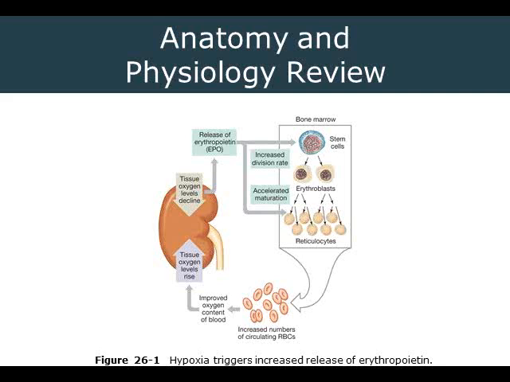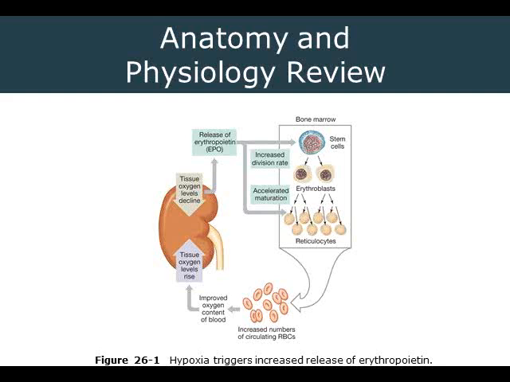However, they only have a limited lifespan of around 120 days, so it accelerates them maturing a little bit, turns them into reticulocytes, and then those reticulocytes mature into the full active red blood cells. So therefore we have an increase in the number of circulating RBCs and improved oxygen content of the blood, and then the tissue oxygen levels rise.